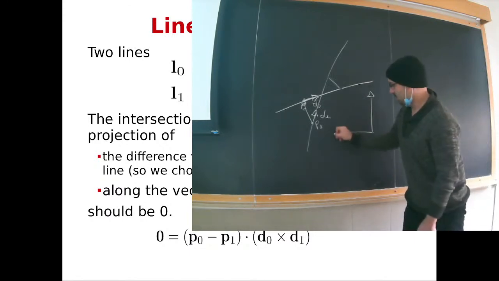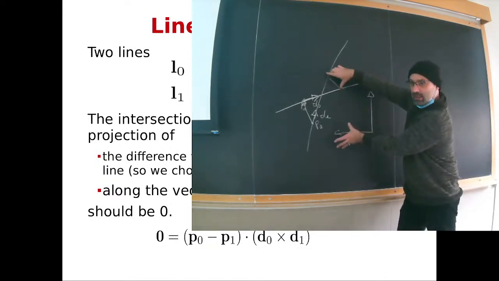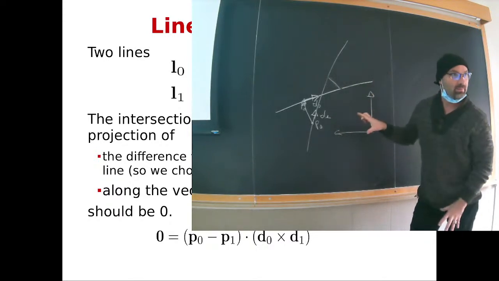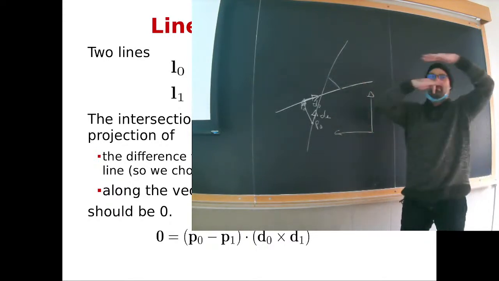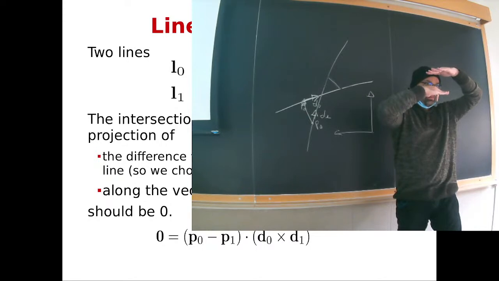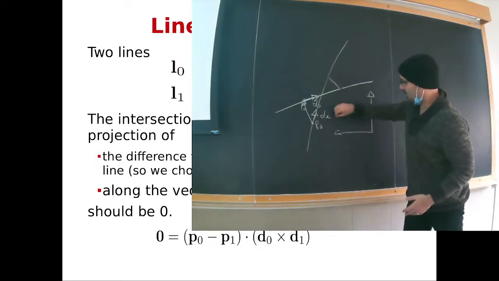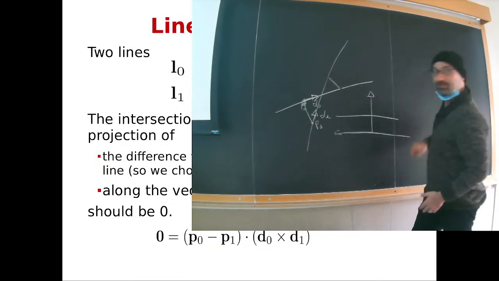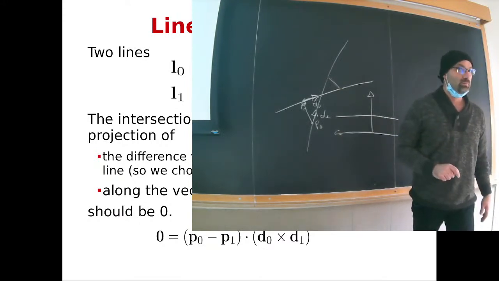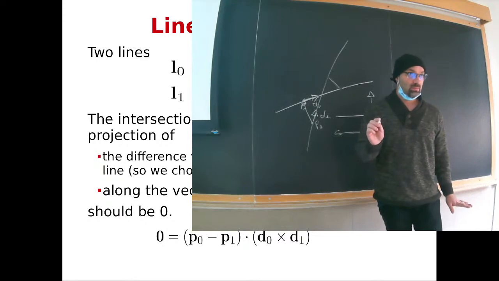So I'm now taking these two lines, rotating them, so that I see them from the side. By seeing them from the side, it means that the two lines should be parallel, right? Okay? Agreed?